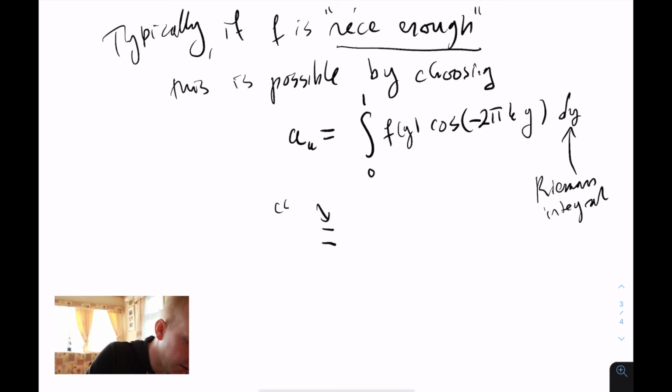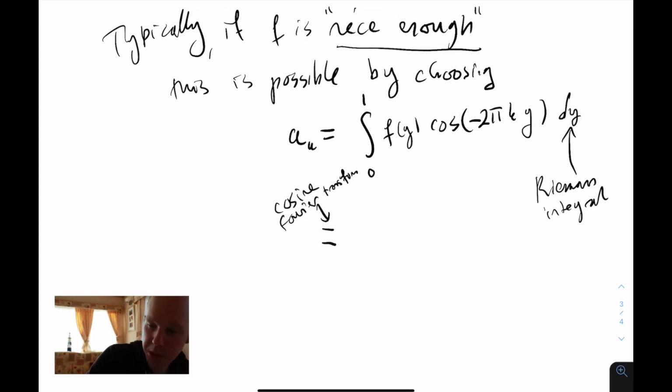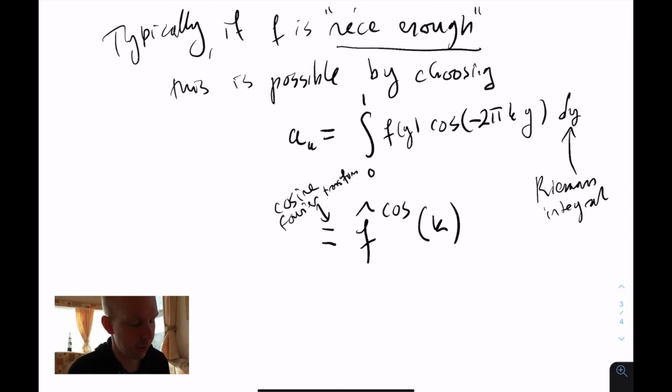I think this is called the cosine Fourier transform, which is usually written, I think sometimes one uses this notation, cos of k. At the point k, you write this cosine transform.